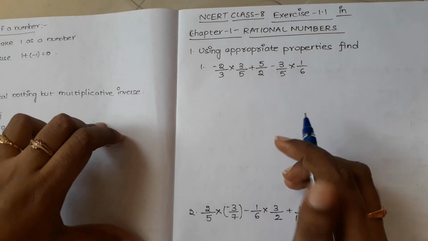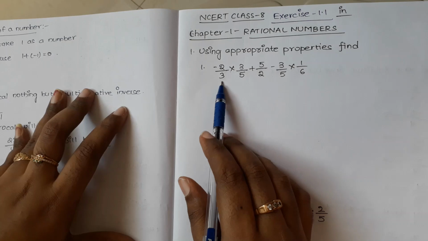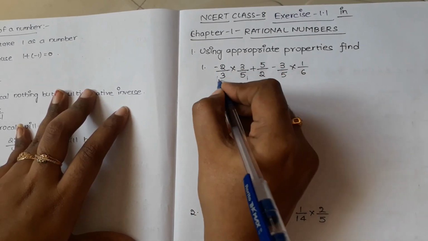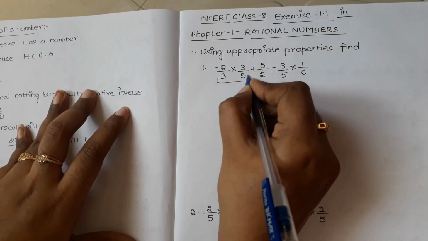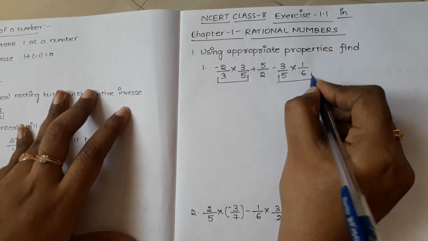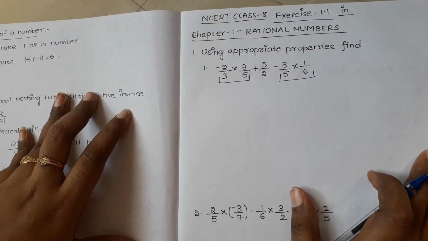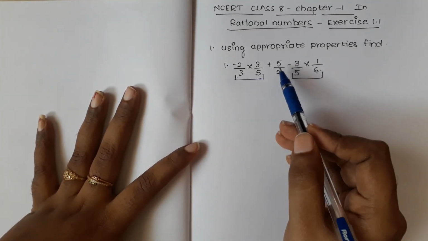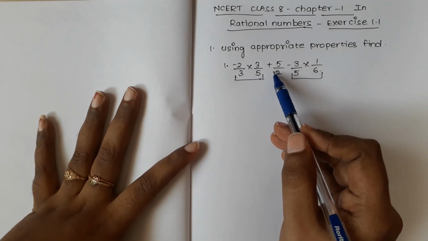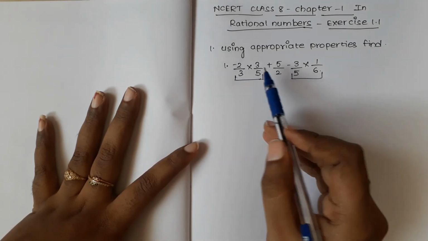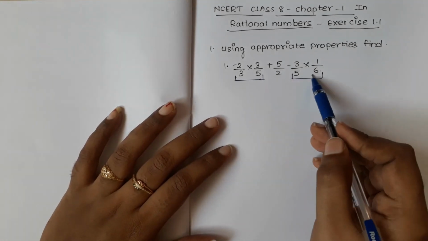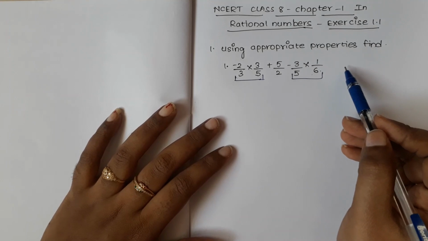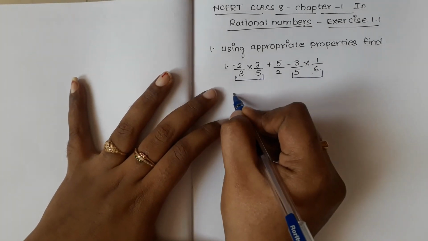In this problem we have two products, this is one product and this is another product. Along with that we have plus 5 by 2 as addition, and this addition should be taken to the other side of the problem.